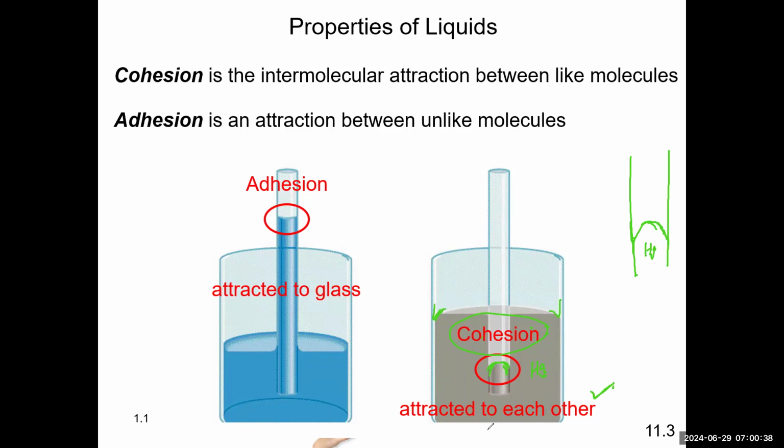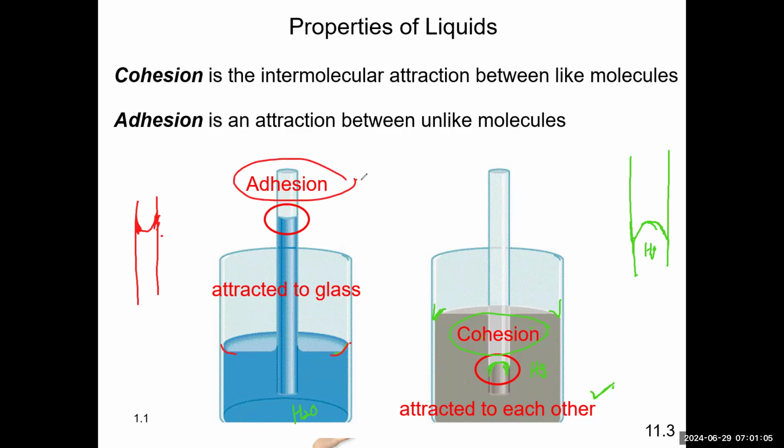It's not rising with the glass. But if this is water and this is glass, then it's rising, rising like this. And in the capillary also, it will be marked like this. It's rising with the glass.